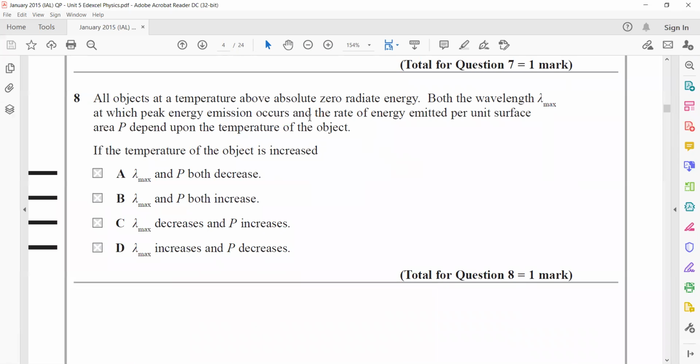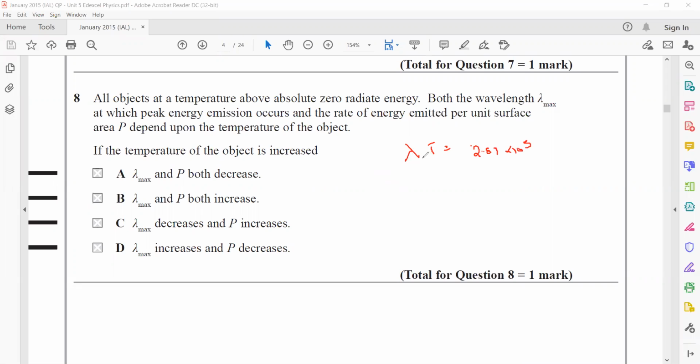All objects at a temperature above absolute zero radiate energy. The wavelength at which the peak energy emission occurs and the rate of energy emitted per unit surface area depend on the temperature. So if the temperature is increased, we have lambda times T equal to 2.89 times 10 to the power minus 3.